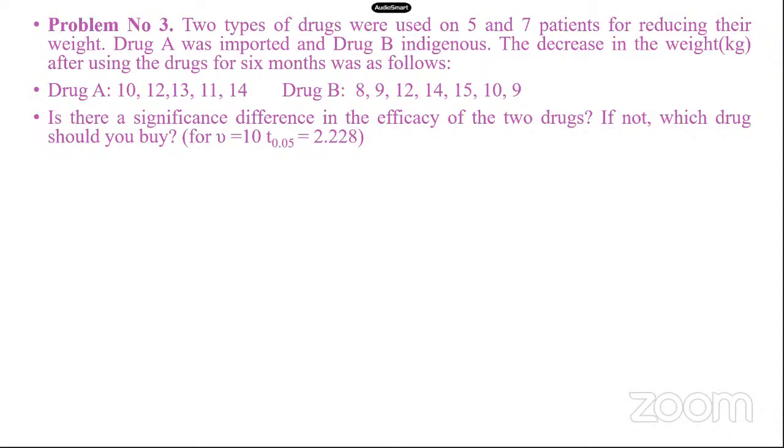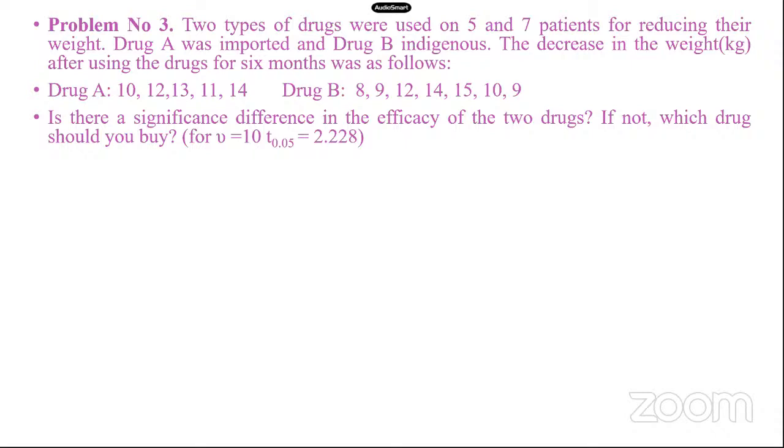So in case of the first sample, means the patients using drug A, the weight reduced during 6 months is 10 kilograms, 12 kilograms, 13 kilograms, 11 kilograms, and 14 kilograms.